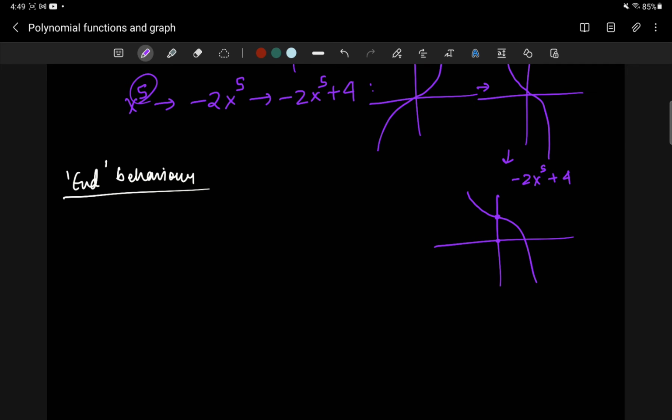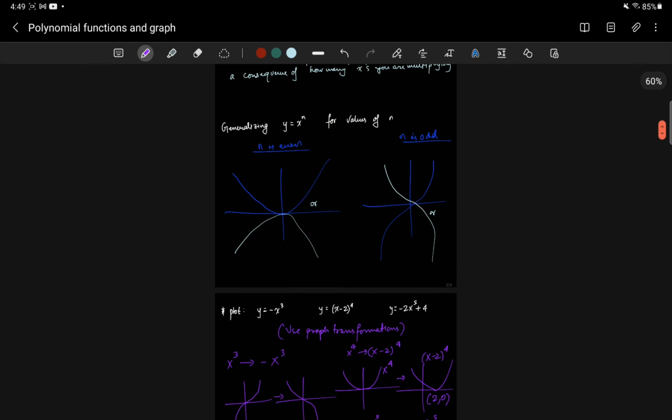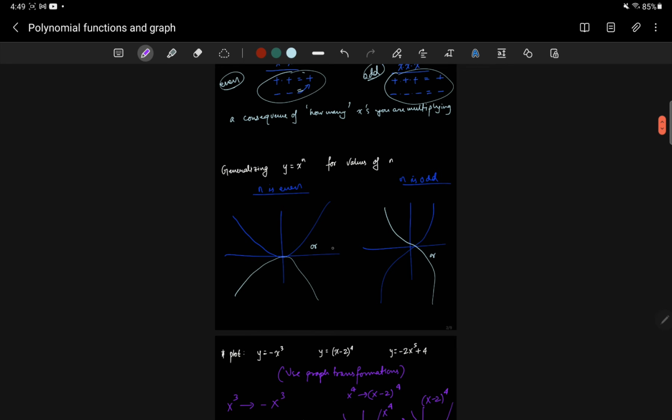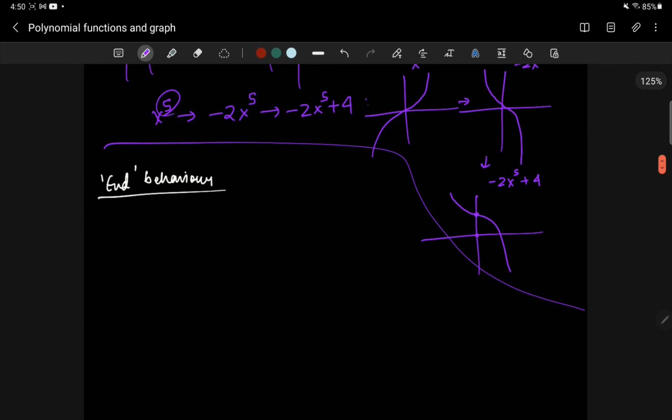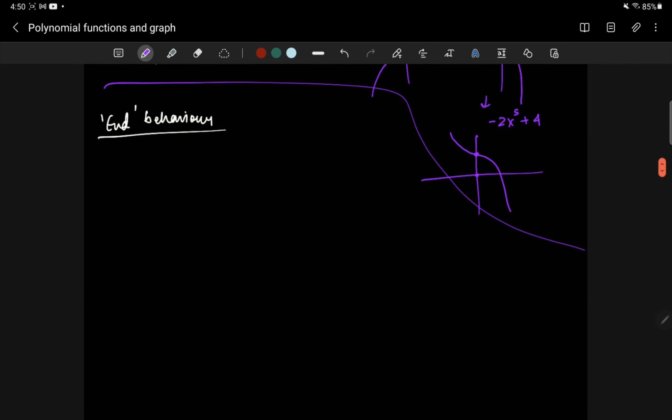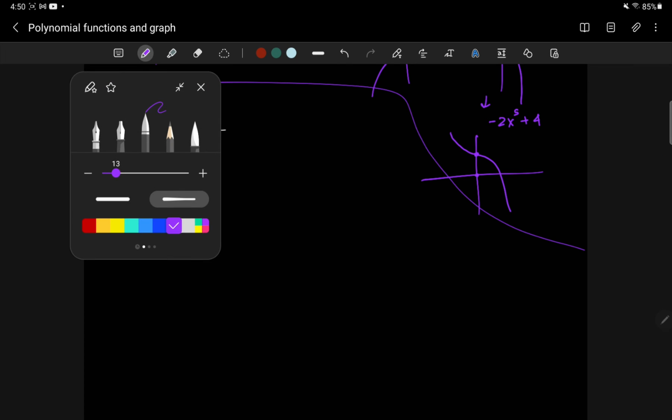One more thing, if we go back here, we said that these are the two possibilities, right? Similarly, you have these two possibilities. Now there's a way to talk about these things, which is called end behavior. And what is that?